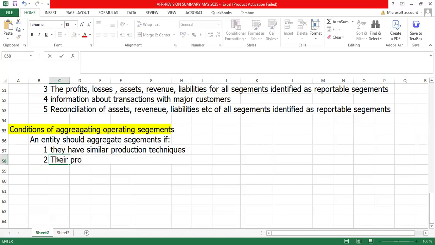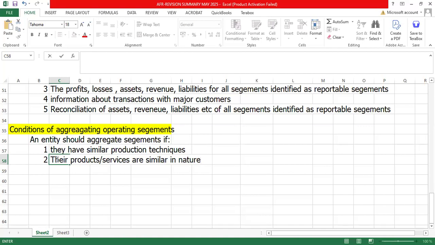Let me talk about the product. Their products or services are similar in nature. Let's say, if you're talking about newspapers, you can aggregate all newspapers as one set.